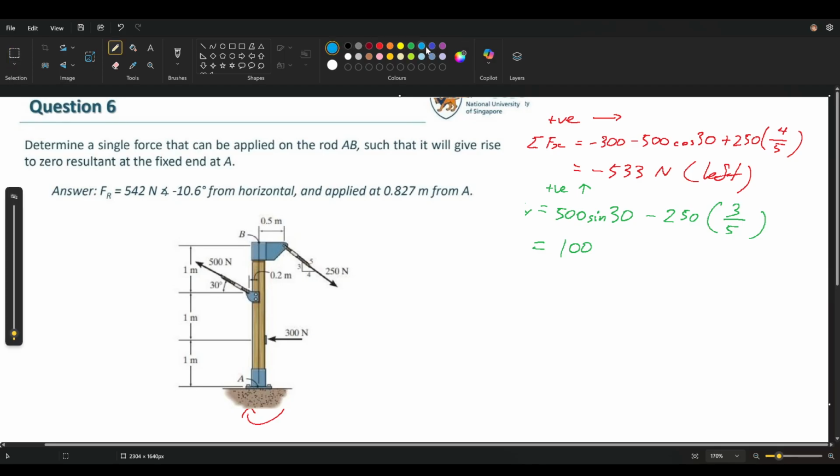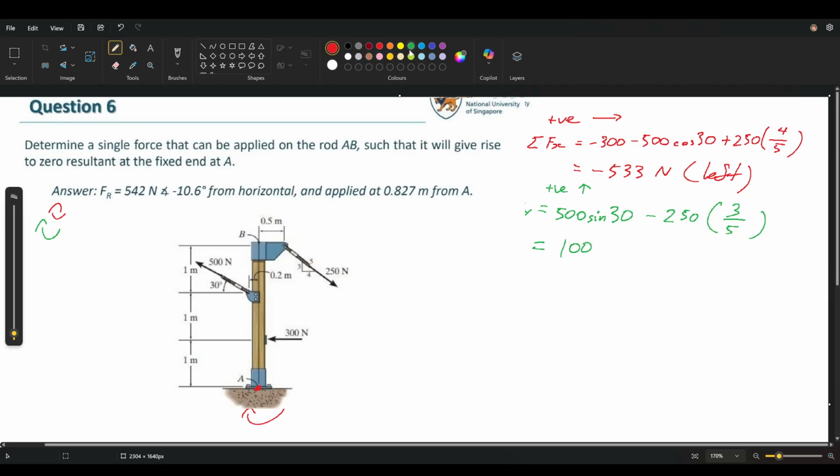So moments. Okay, now we are going to solely look at moments. Anything in the anti-clockwise, we will use green. Anything in the clockwise, we use red. So let's first try to identify, same thing, bottom to top, with respect to A. Let's look at our 300 Newton first. 300 Newton, you are now going in the left direction.